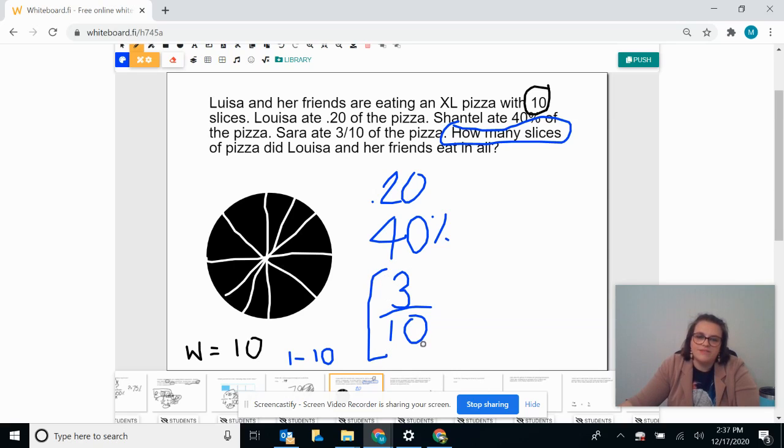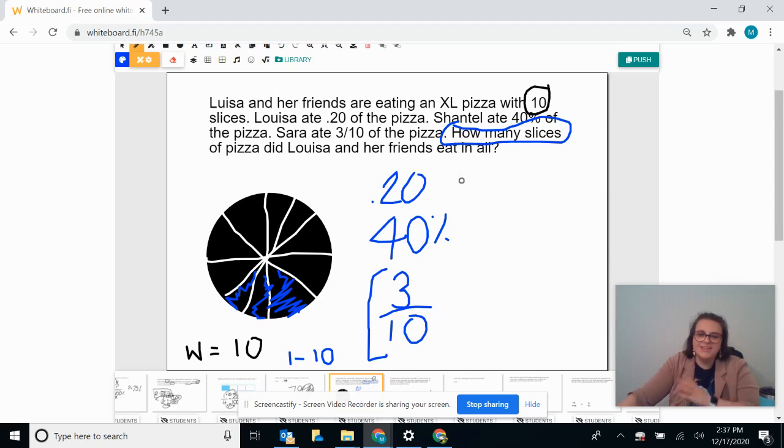Sarah's amount was 3 out of 10, which means that there are 10 pieces in all, and Sarah ate 3 of them. So I'm going to go ahead and color in 3 pieces. All right, so now there's 1, 2, 3, 4, 5, 6, 7 left. But still there was 10 in all, okay?